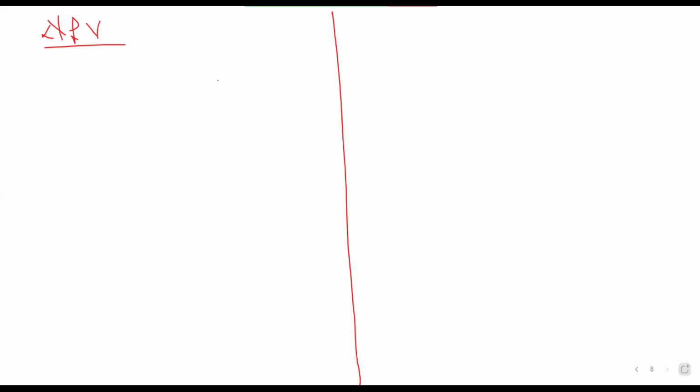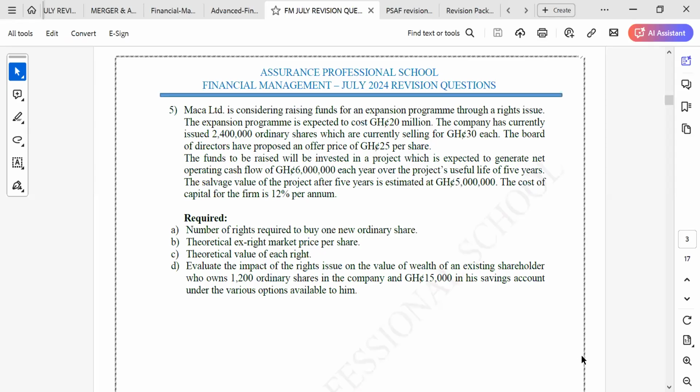The funds to be raised will be invested in a project which is expected to generate net operating cash flow of 6 million each year over the project's useful life of 5 years. The salvage value of the project after 5 years is estimated at 5 million. The cost of capital for the firm is 12%. You are giving a net operating cash flow already, so we don't have any issue of tax. That is after-tax cash flow.